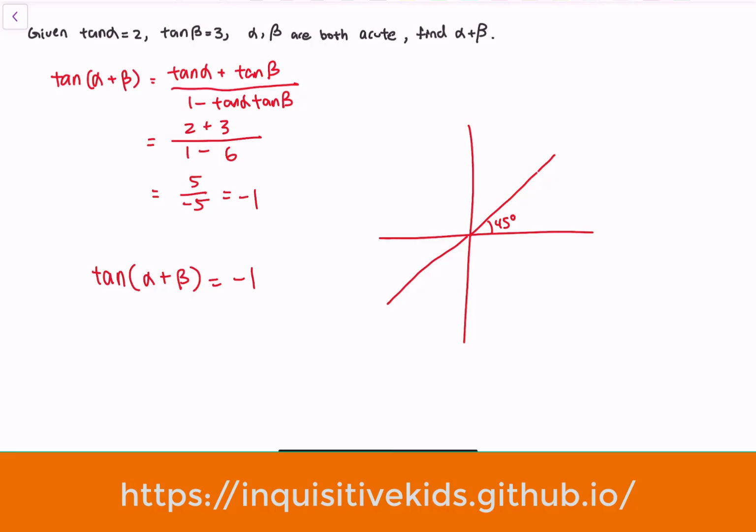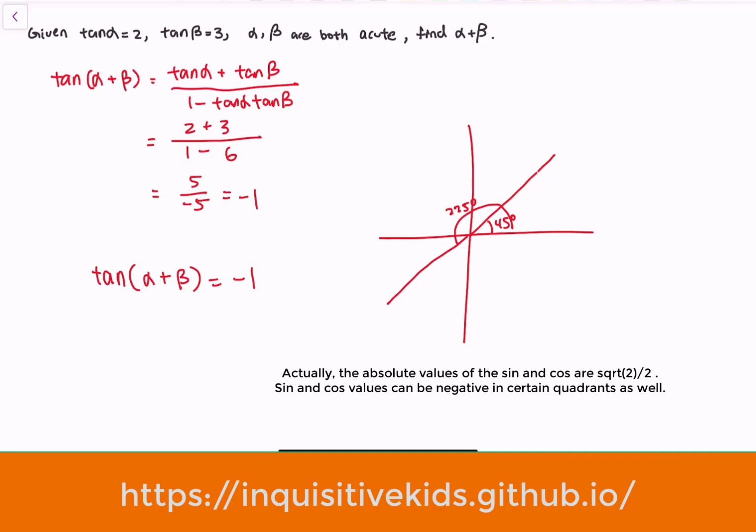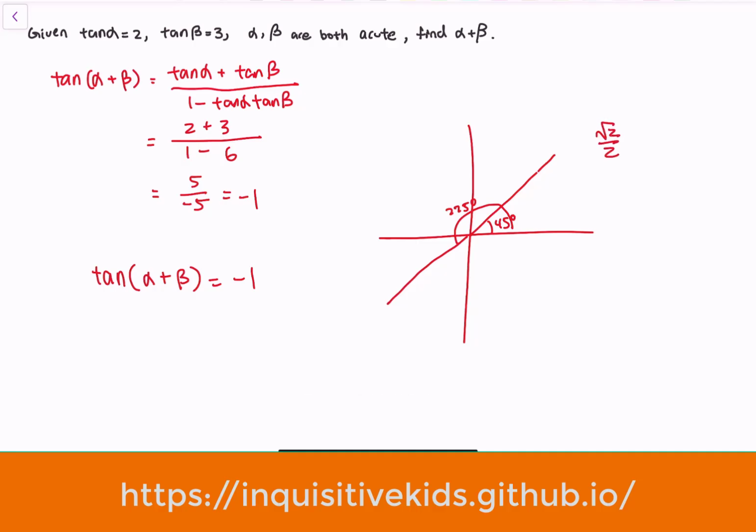So that would be 225 degrees. Because at that point, both sine and cosine are equal to the square root of 2 over 2. So when we have square root of 2 over 2 over square root of 2 over 2, we have an absolute value of 1 for the tangent.